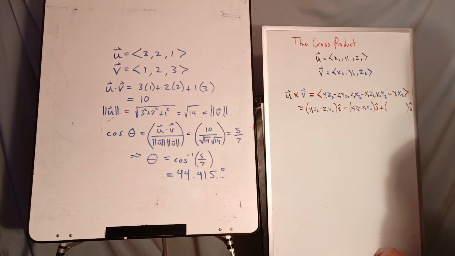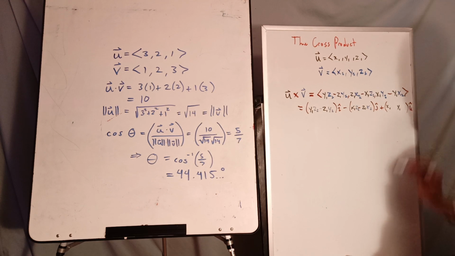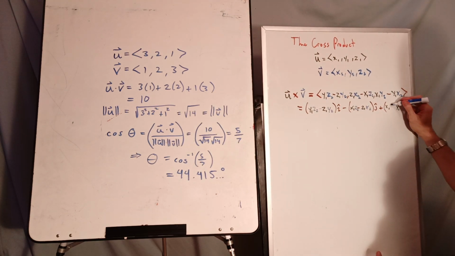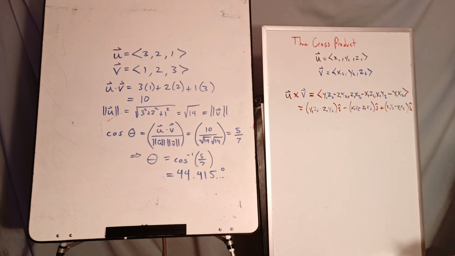And this one stays the same. So this one's going to be x1, y1. We take the product of that against y2, x2, and we take their difference.